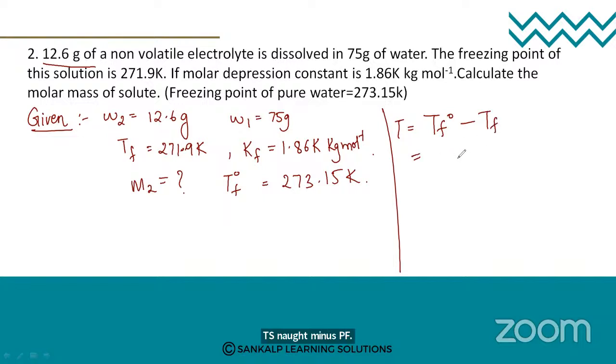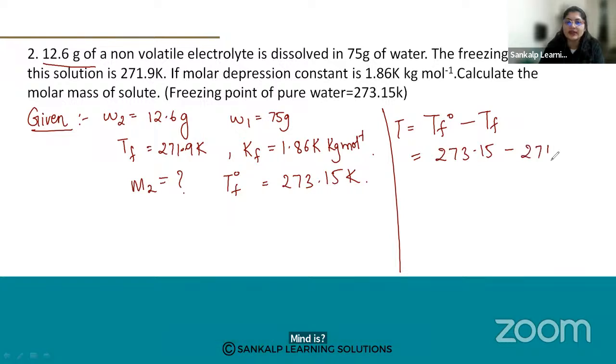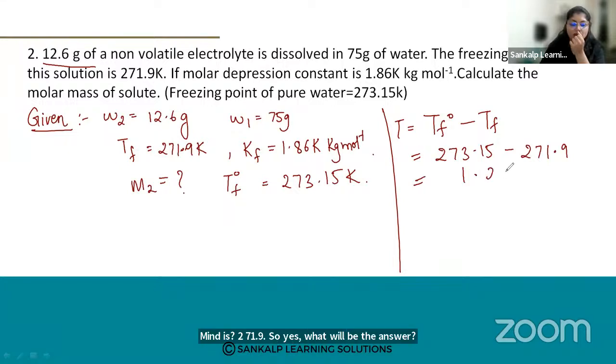TF naught is 273.15 minus 271.9. So what will be the answer? This comes to 1.21 Kelvin.